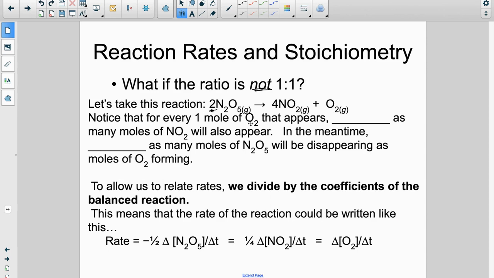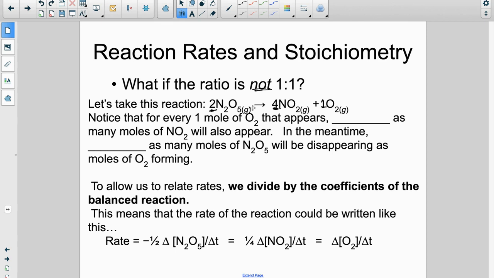Like in this reaction, here the coefficients are 2 to 4 to 1. Right, there's a 1 there. Now we've got to relate these rates, and they're going to be affected by the stoichiometry, by the coefficients in the balanced reaction.